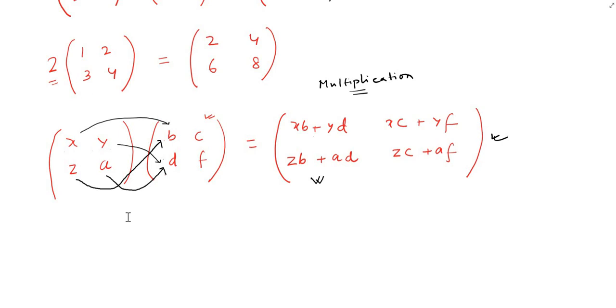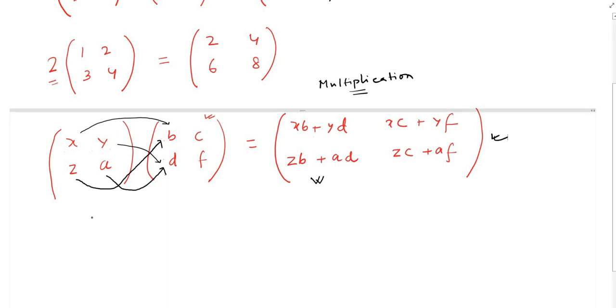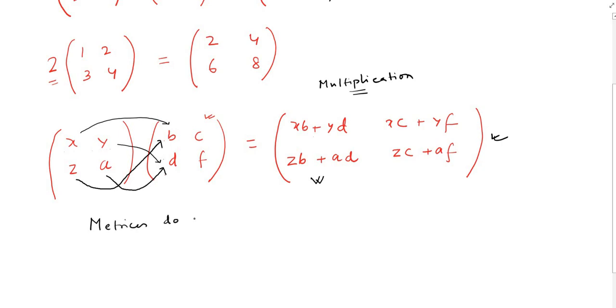Now we will discuss one very important property. Remember this thing, matrices do not commute. What does it mean? It means whatever result we are getting like this, if we just change it, for example, let me write it in red.